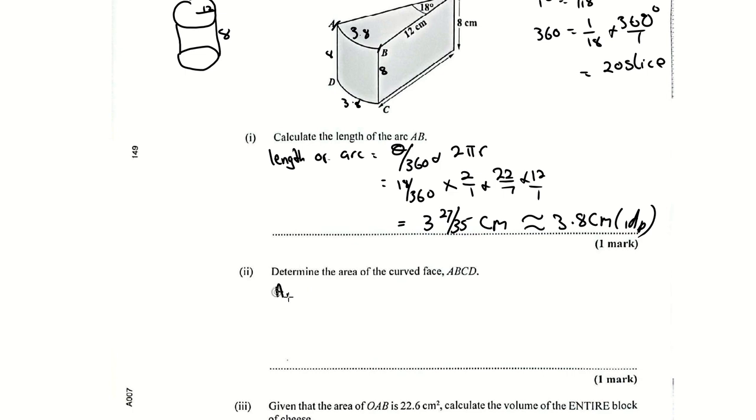So area of ABCD is length times breadth, which would be 8 times 3.8, or 3.8 times 8, doesn't matter. 8 times 3.8 is 30.4. So this would be 30.4 centimeters squared because it is area. Are we good so far?